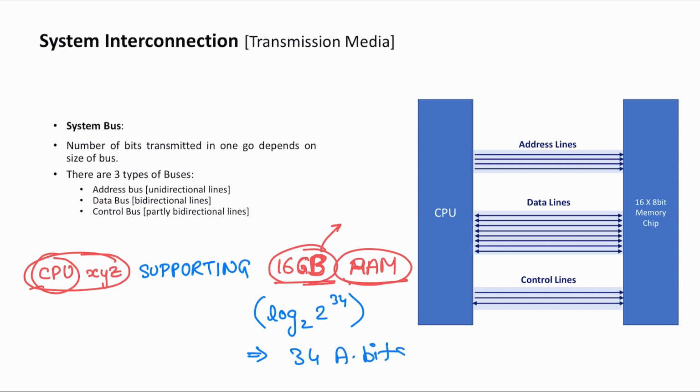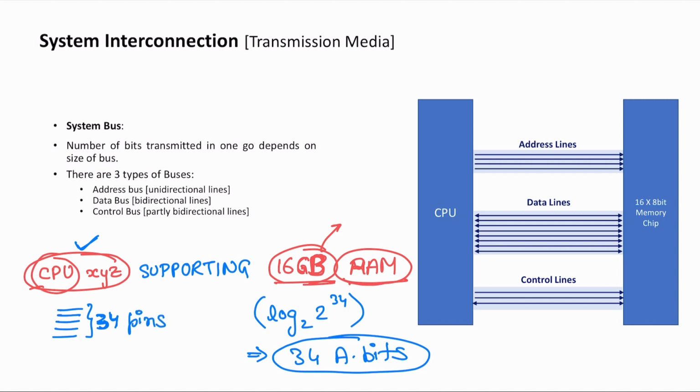We will be requiring 34 address bits in order to represent any cell, okay. That means our address bus should be having 34 lines, right? So the CPU must be having 34 pins, right?